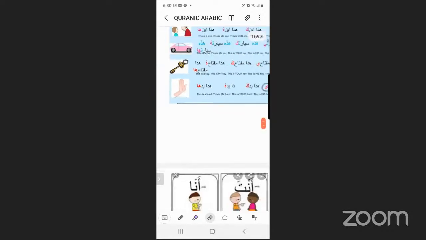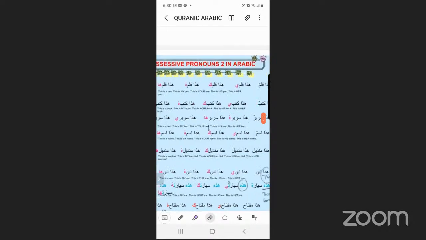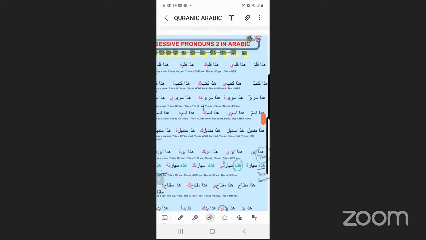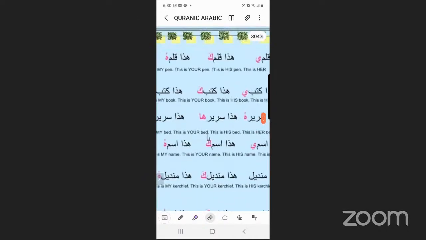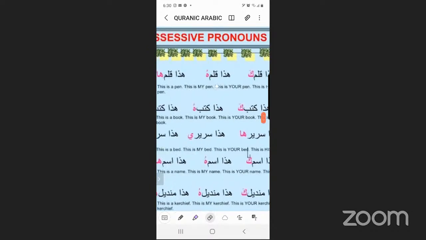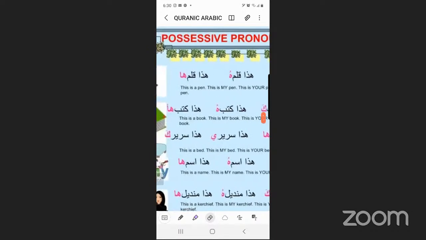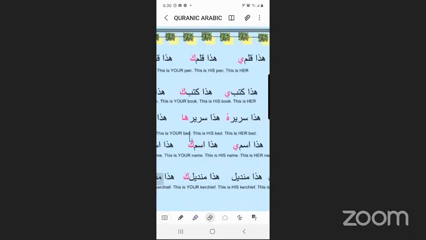So over here we did possessive pronouns in Arabic. These attached pronouns ya, kaf, ki, hu, ha, their forms don't change when they're attached.